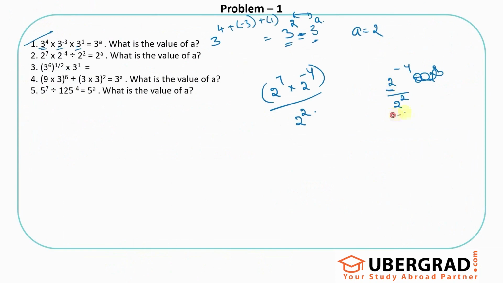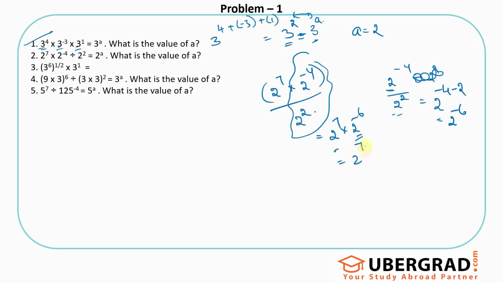So it will be 2 power minus 4 minus 2, that is 2 power minus 6. So 2 power 7 into 2 power minus 6, same bases, multiplying, will be 2 power 7 plus minus 6, that gives 2 power 1. Even if I do 2 power 7 by 2 power 2 first, it is 2 power 5 into 2 power minus 4, which also gives 2 power 1. It's all the same.